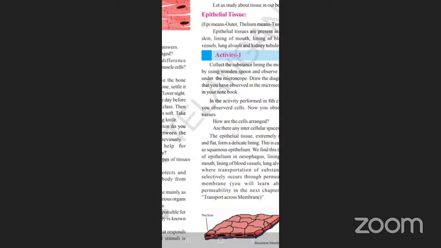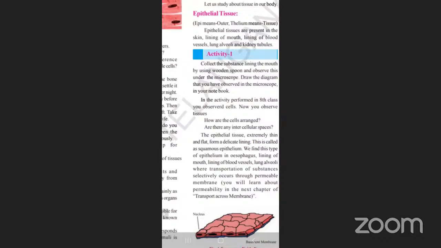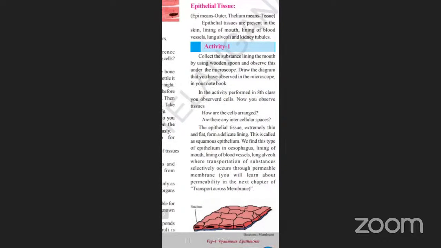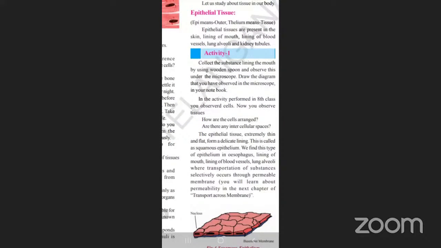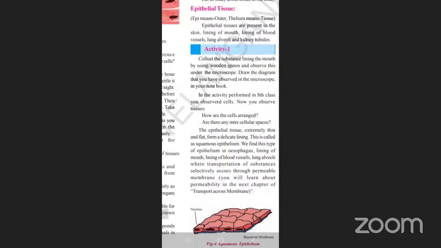We can use this word delicate for very soft material. This is called squamous epithelium. We find this type of epithelium in the esophagus.